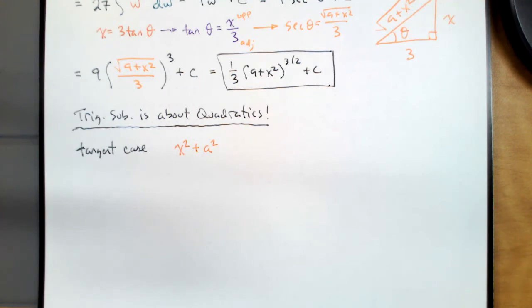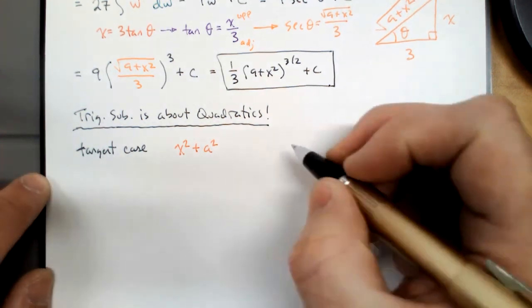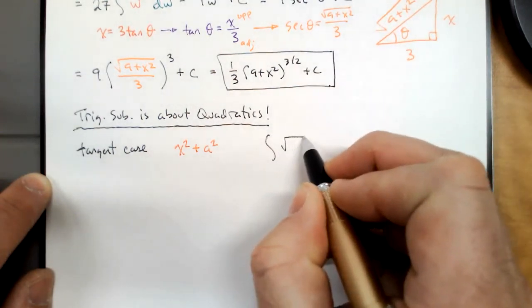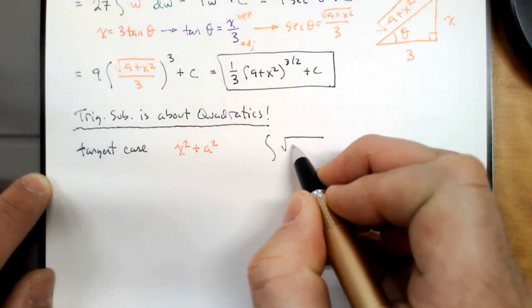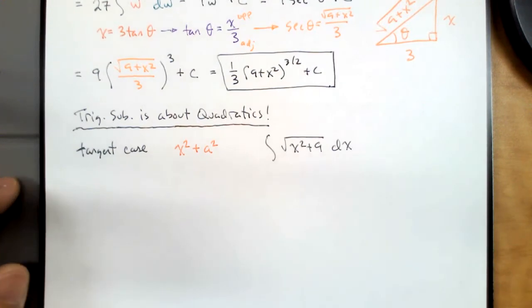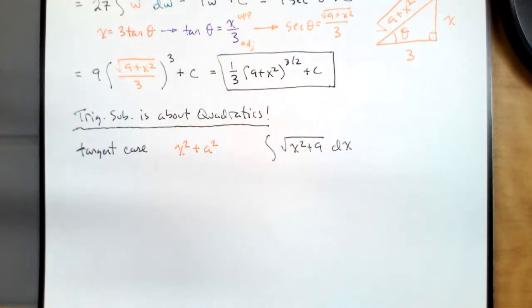Right now, we've listed the tangent case as x squared plus a squared. But we have to take into account what if there's an x term in this quadratic. So it's no problem if we have, say, the integral of the square root of x squared plus 9, x dx. I took the x out of the front, so it's not a substitution. But what if there is an x term in our quadratic?